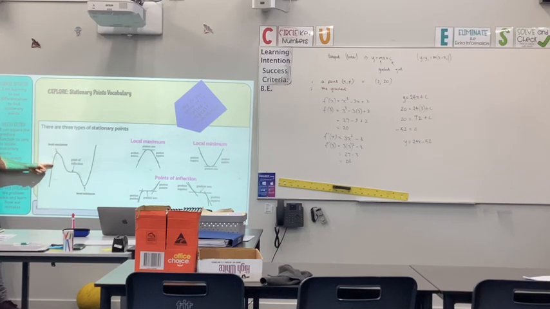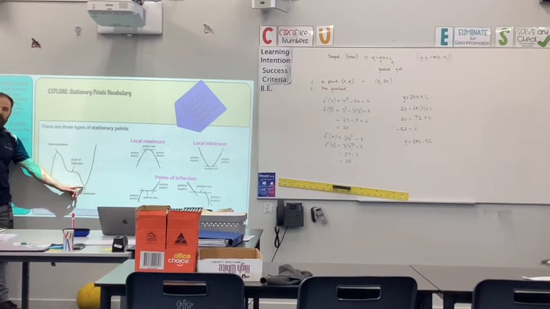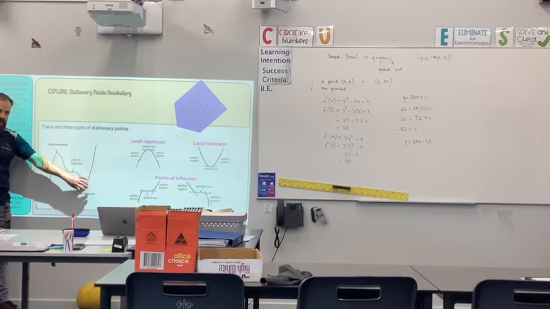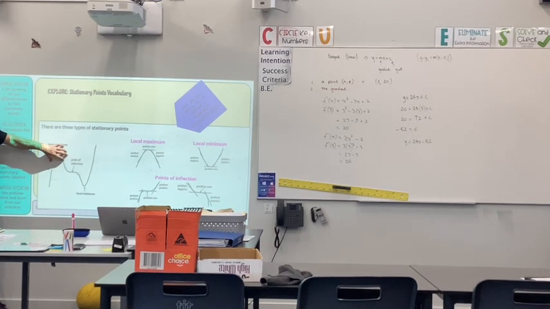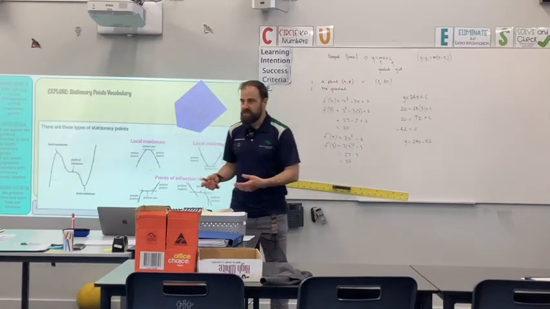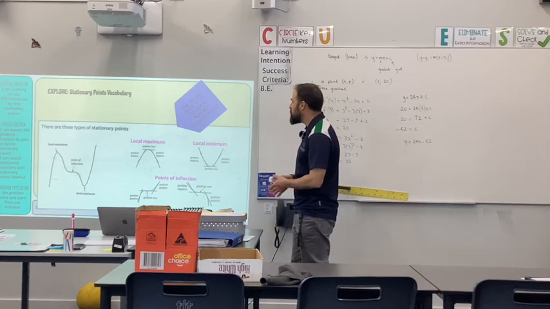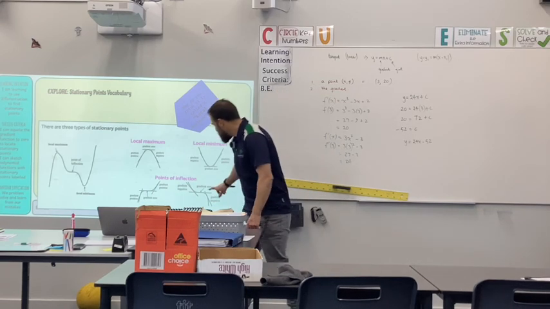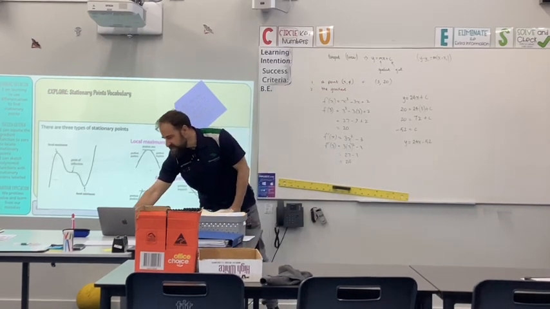But the whole graph would go all the way down here. That's going to be lower, isn't it? Yeah? So it's a minimum in that local area. It's a maximum in that local area. We will probably just refer to these as minimums and maximums, generally speaking, but technically they're a local minimum, local maximum. And the gradient at all of those points is 0.